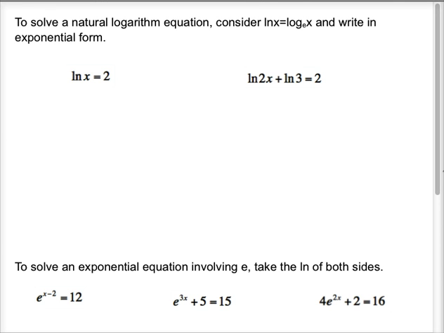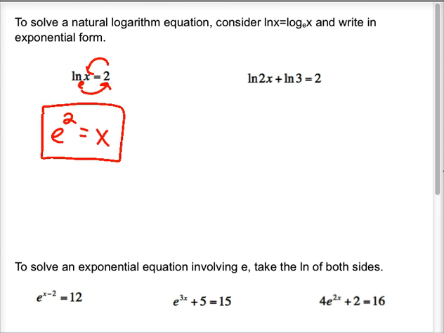You also solve a natural log equation the same way. You're going to switch it into exponential form. Now the thing to remember is you have a base e you're working with. So when you do Mr. Loopy, e squared equals x. Okay, so when you're doing Mr. Loopy, remember you're dealing with a base e.